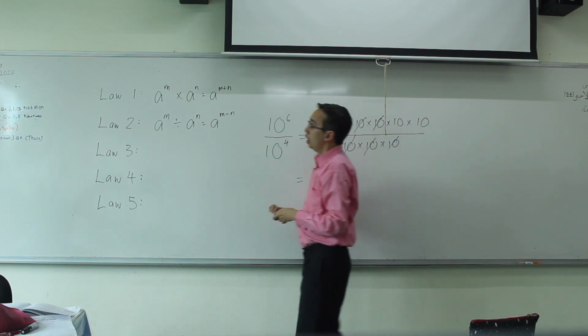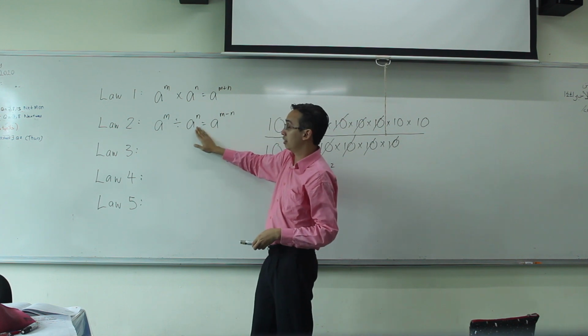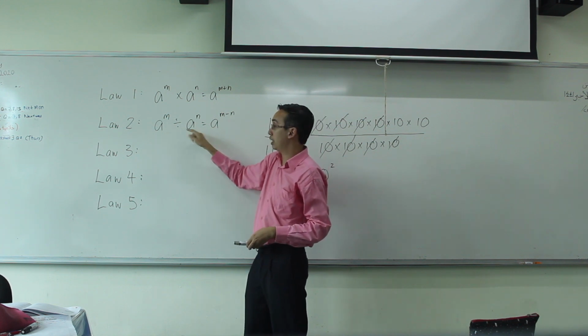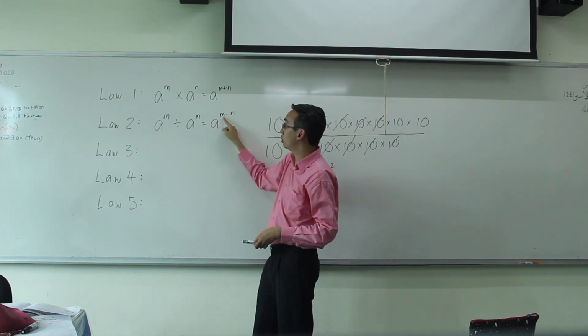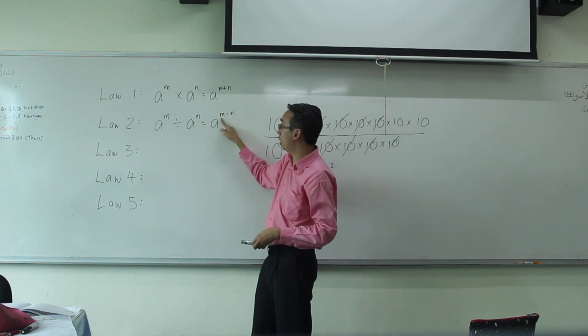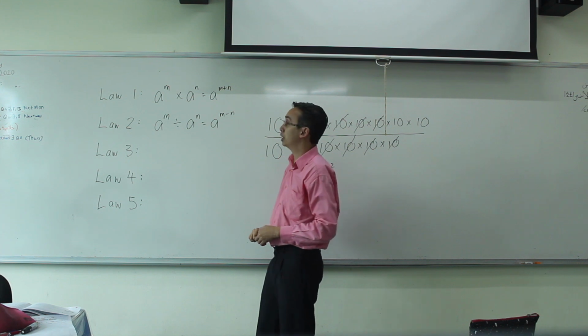That is why when we divide a to the power of m by a to the power of n with the same base, all we have to do is keep the base and subtract the powers, m minus n. That is law number 2.